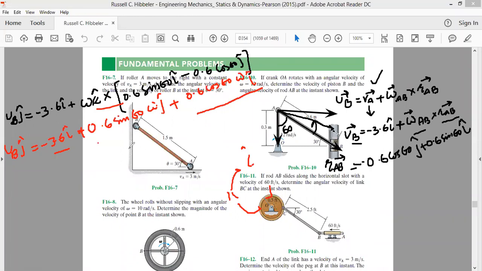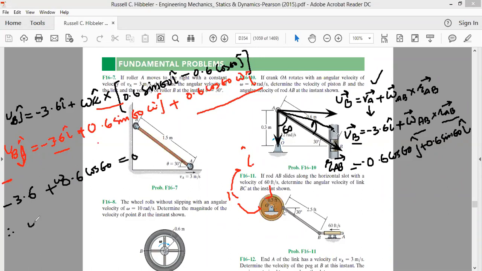Now we can solve this equation by balancing the i and j components. This is VB along j cap. There is no x component on the left hand side. Therefore, the x components on the right hand side should be equal to 0. So it will be minus 3.6 plus 0.6 cos 60 multiplied by omega, which should be equal to 0 because these are i components.